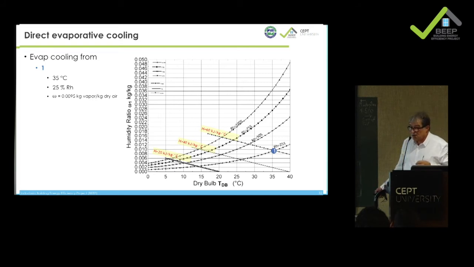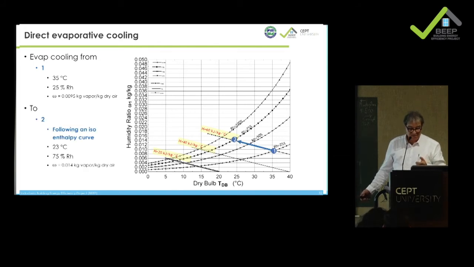Then we add vapor, that means we spray water in the air. What will happen? If you spray water in the air, it will evaporate if it's a fine mist, and then it will cool the air. But then the humidity in absolute and relative terms will increase.